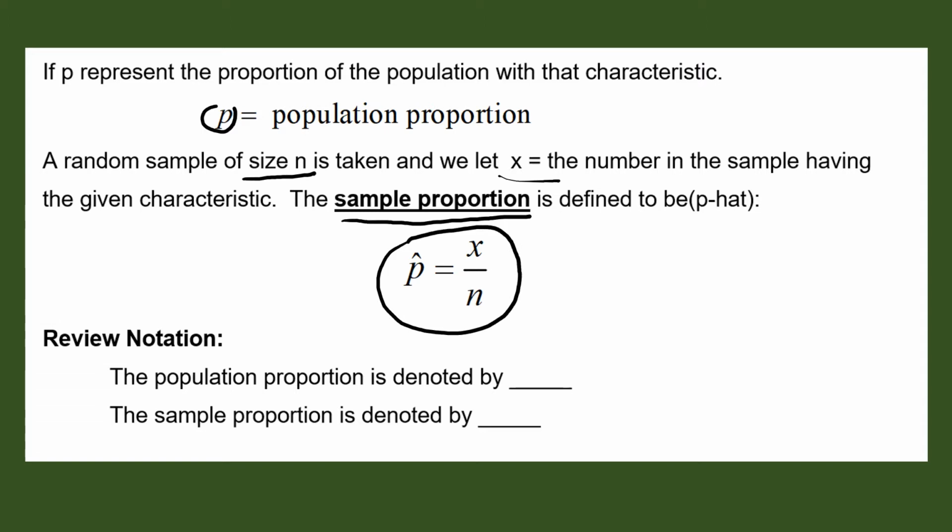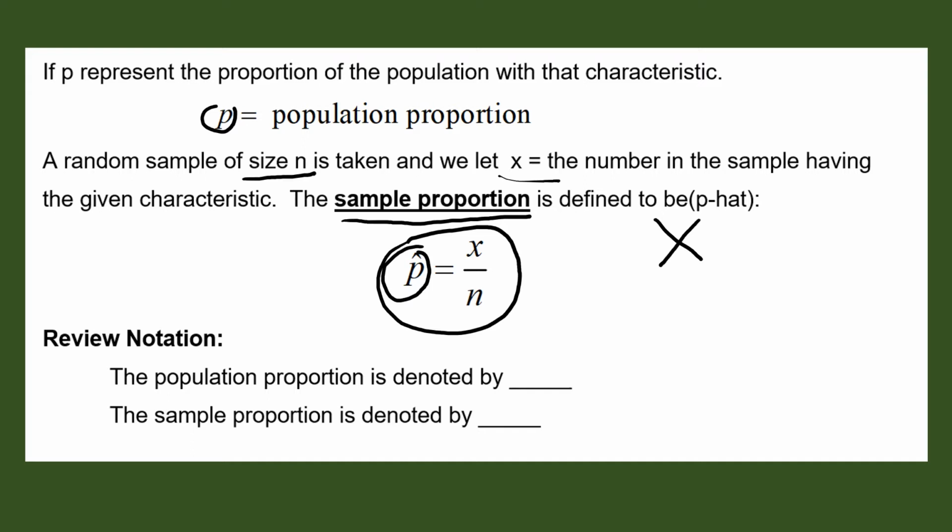So again, in a binomial problem, we would be looking at X. In a proportion problem, we are looking at P hat, which is the proportion of the population, the percentage, the fraction stated here.